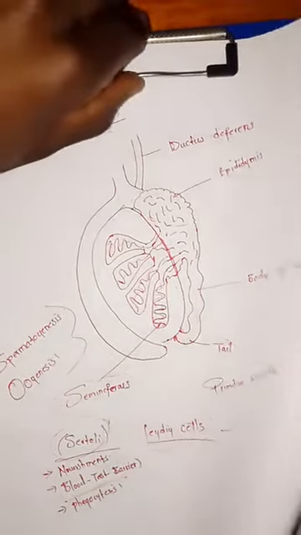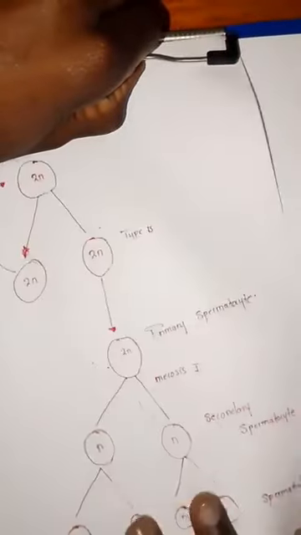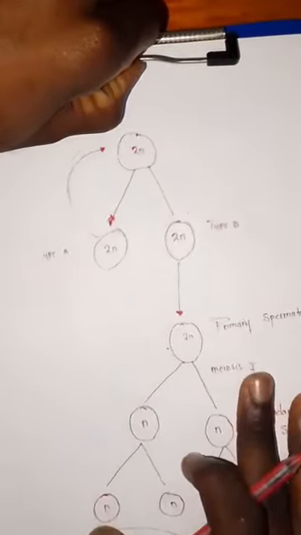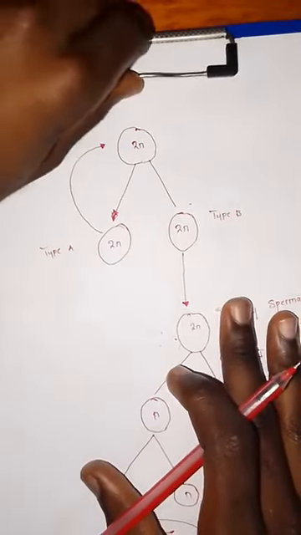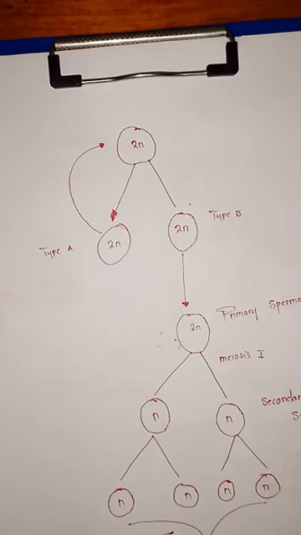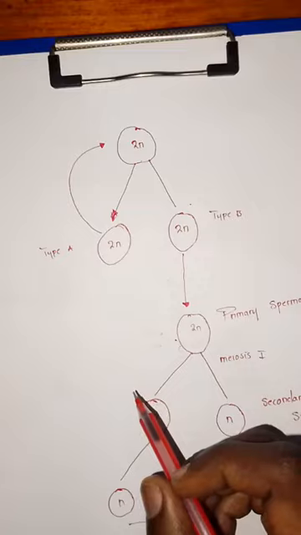So spermatogenesis is actually the process by which these primordial germ cells form what we call the spermatogonia cells in the seminiferous tubules. These spermatogonia in the seminiferous tubules are going to be dividing, or developing, to form what we call mature spermatozoa.